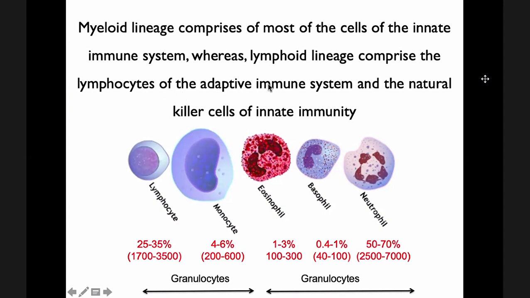Lymphocytes are part of your adaptive immune system, and NK cells are part of your innate immune system. But this definition is also being revised in recent times. But still, if you want to call them part of your innate immune system, you're all right.